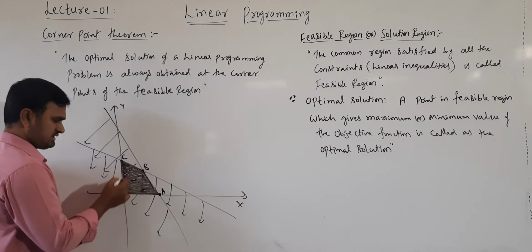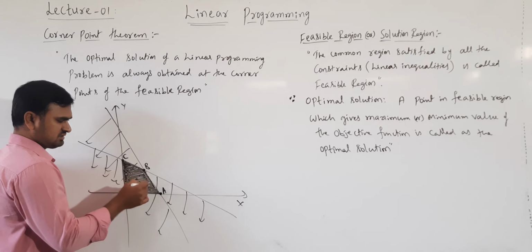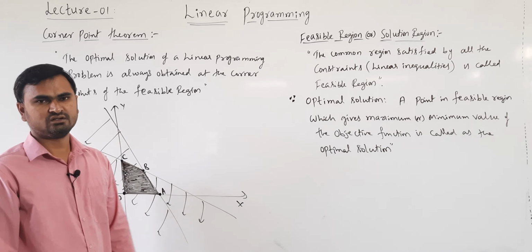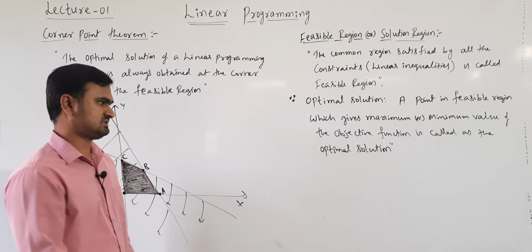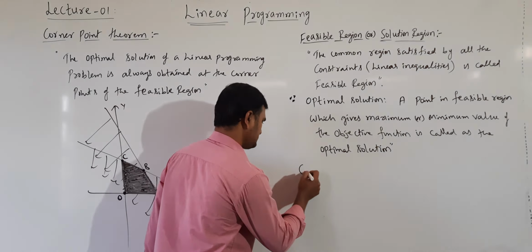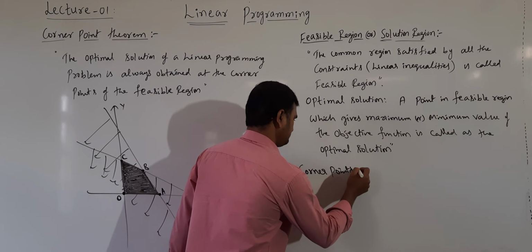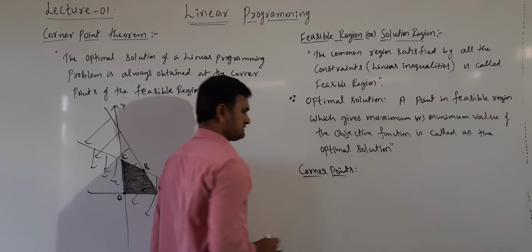Can we have any other corner points? There are no other corner points. The intersections of these boundary lines are called the corner points. That may also be asked in the form of a definition. What are corner points?